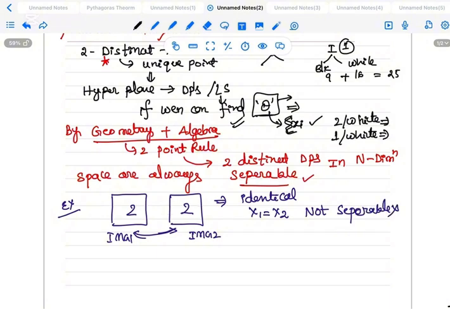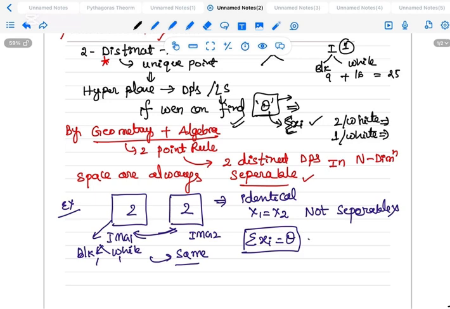These are not separable because they have the same black and white points, class 0 and class 1, and the number of points is equal. So these are the same images. These are not separable because they are on the same side. How can we separate these points? By calculating sigma xi, that is the threshold theta. The threshold value is exactly the same for both points.